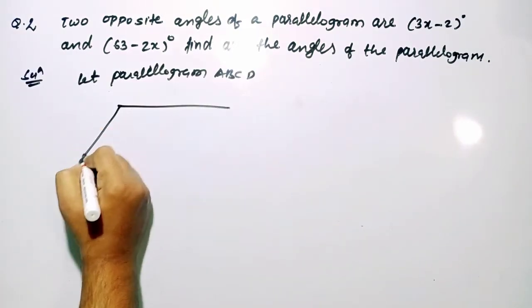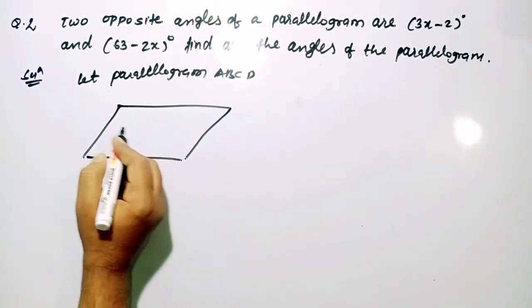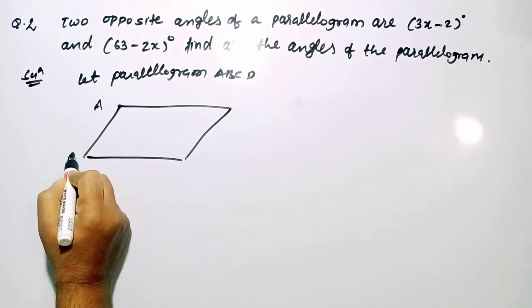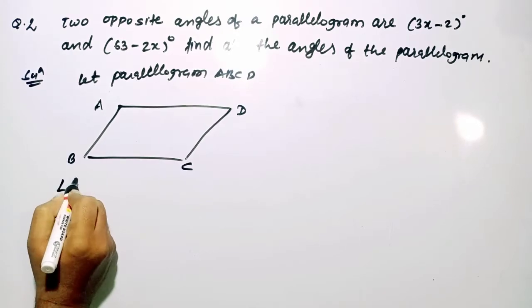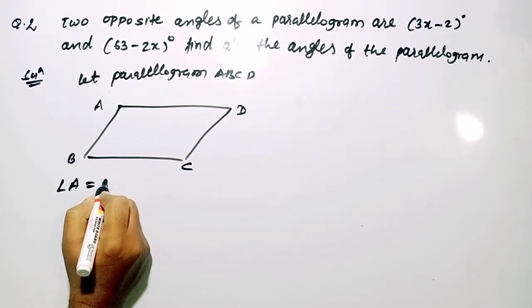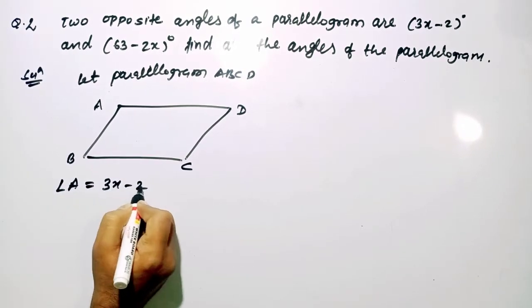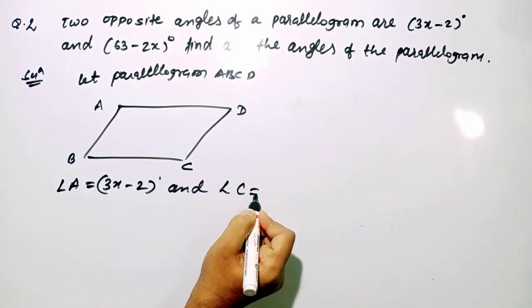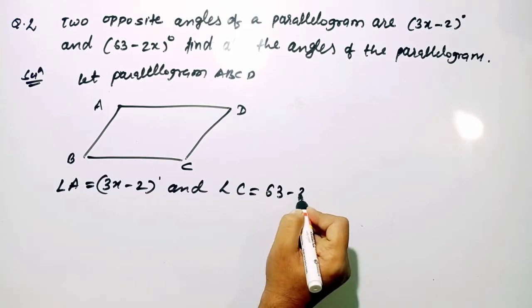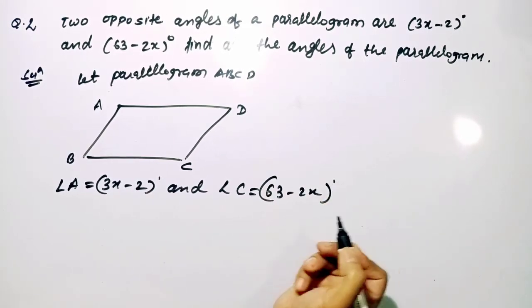Let us see the parallelogram ABCD. We know that in a parallelogram opposite angles are always equal. So angle A is 3x minus 2 degree and angle C is 63 minus 2x degree.